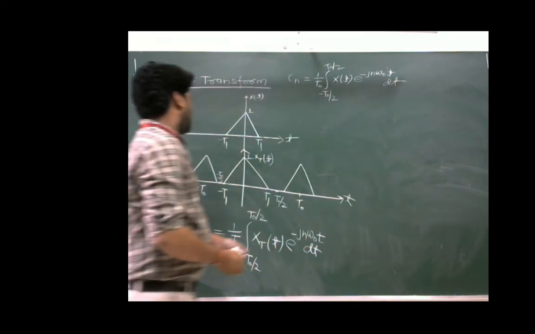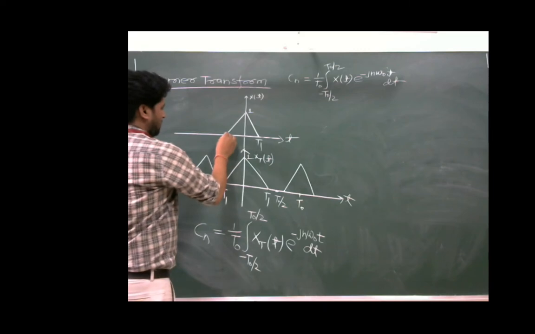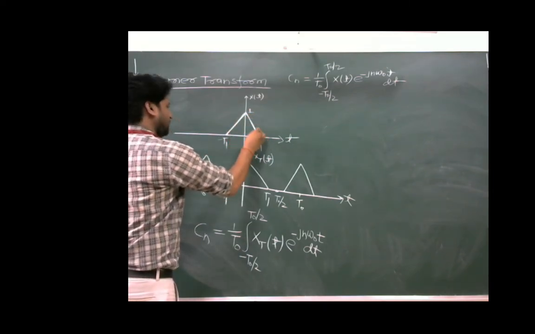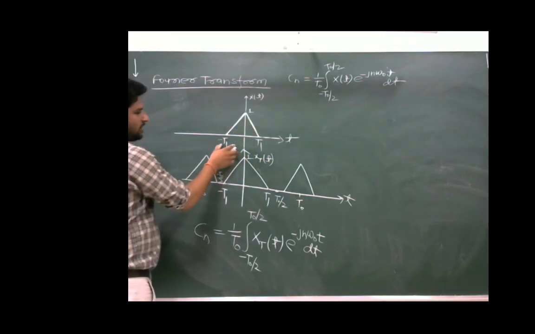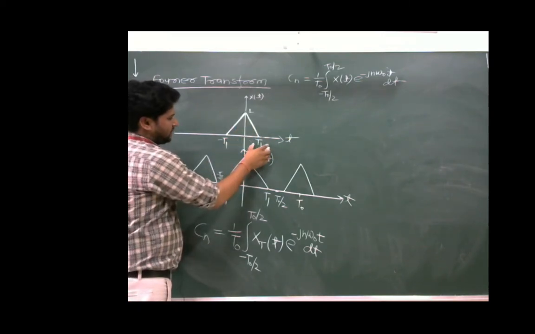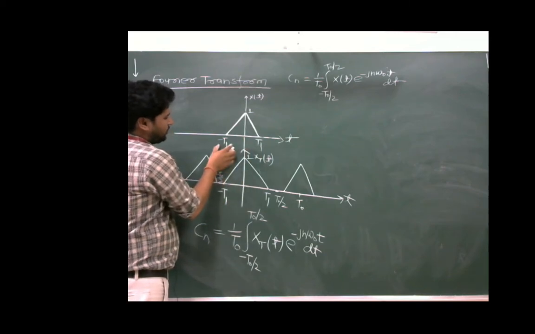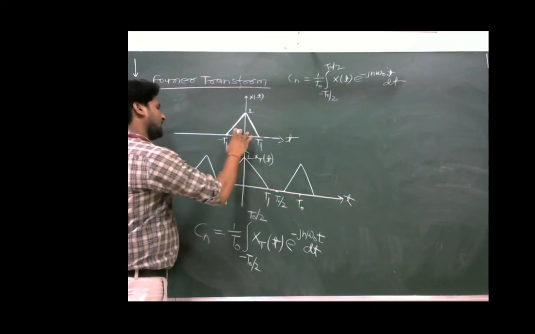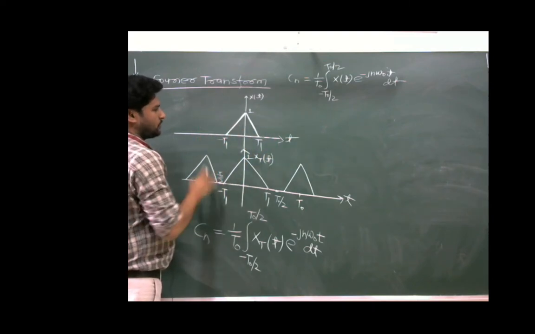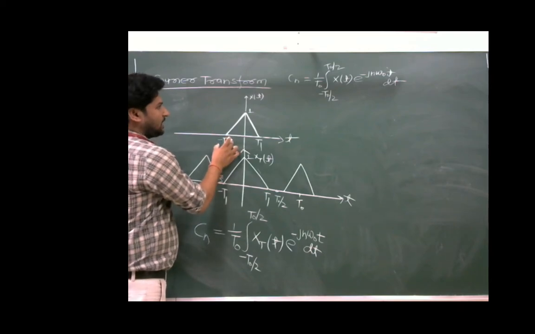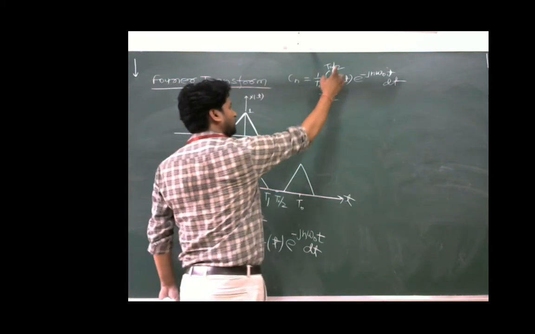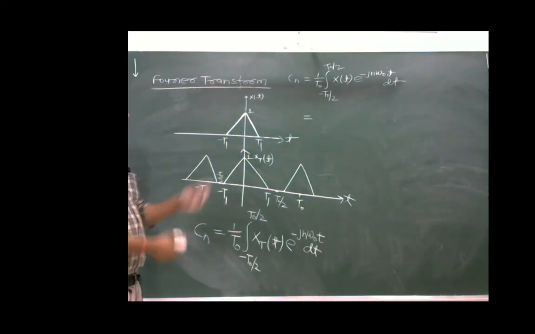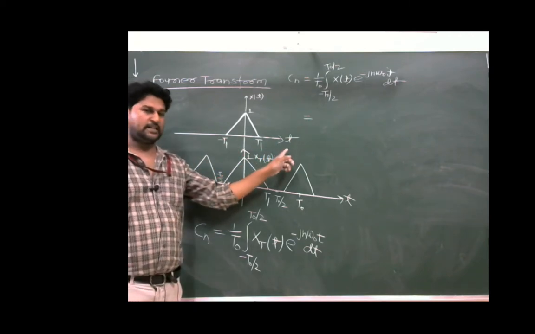Now because the value of this signal is non-zero only in the duration from minus t1 to plus t1, and for other values of t the value of this signal is 0, instead of writing from minus T naught by 2 to T naught by 2, we can write the limit of the integration from minus infinite to plus infinite.